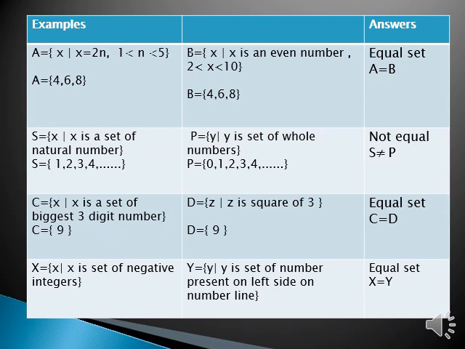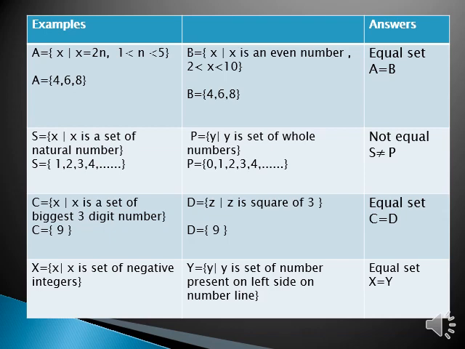Therefore C has the element 9. Similarly, D is a set of Z such that Z is the square of 3. So the square of 3 is again 9. If you compare the sets C and D, the elements are the same, thus they are equal sets.